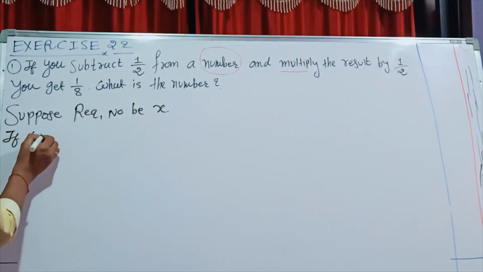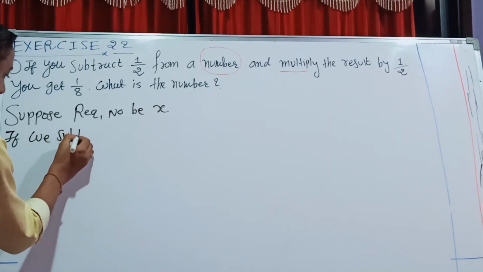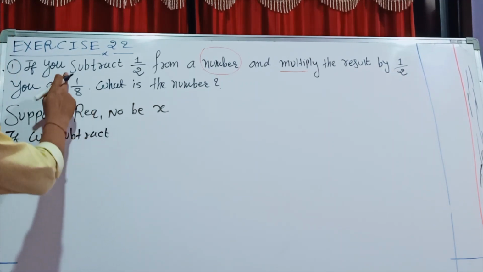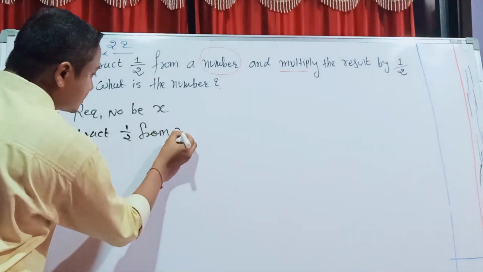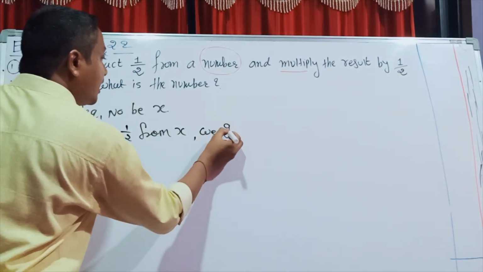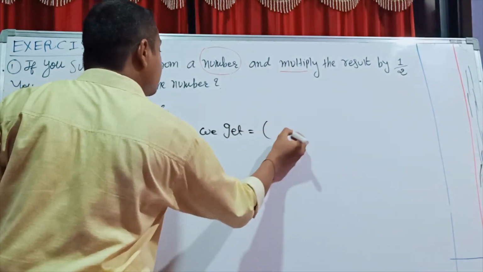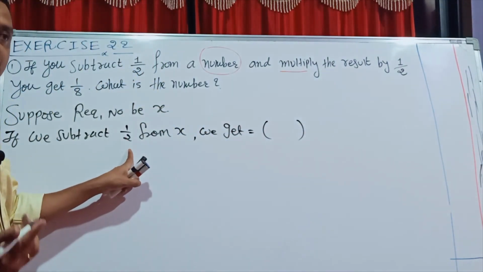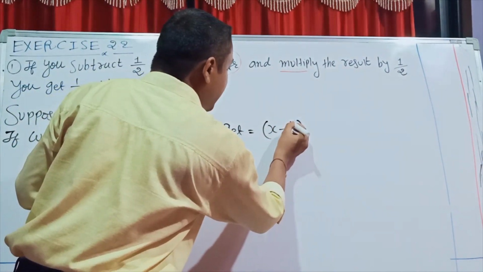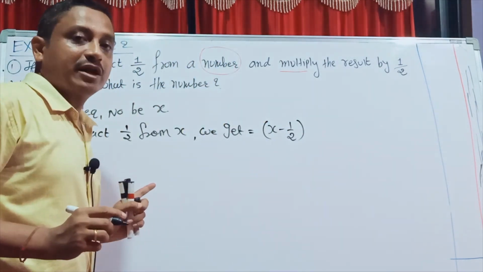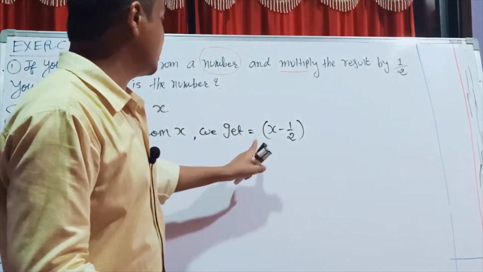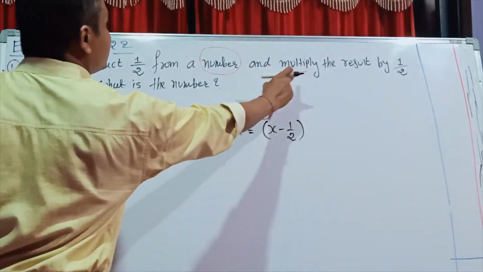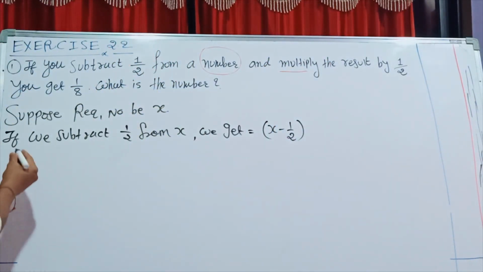If we subtract half from x, how much do we get? Always students, half subtracted from x means x minus half. Never write half minus x, because we subtract from the required number. So x minus half. Now multiply the result by 2.